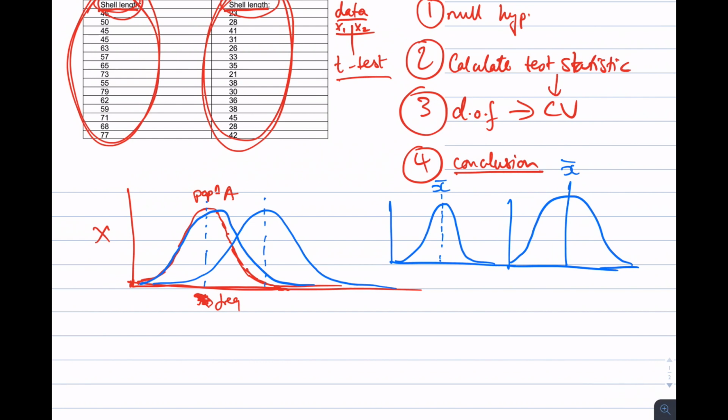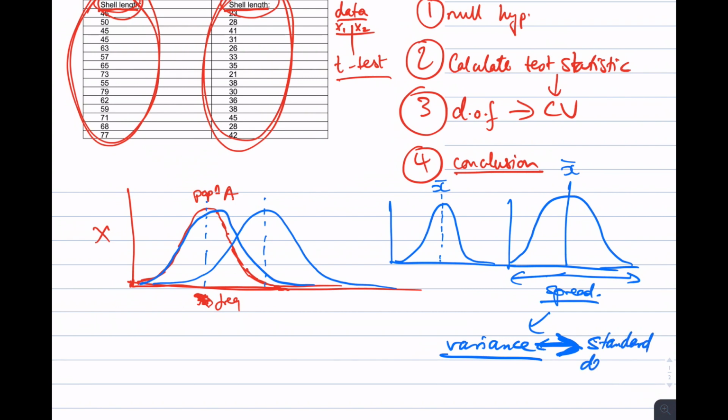So the other thing that characterizes the population is the spread of the data, and the spread of the data is usually given by the variance of a population, and that's not exactly the same, but it's highly related to the standard deviation.